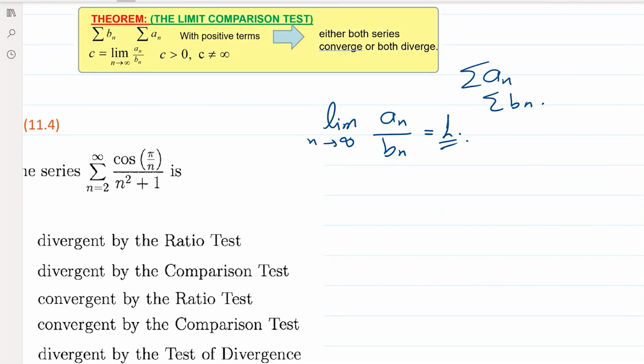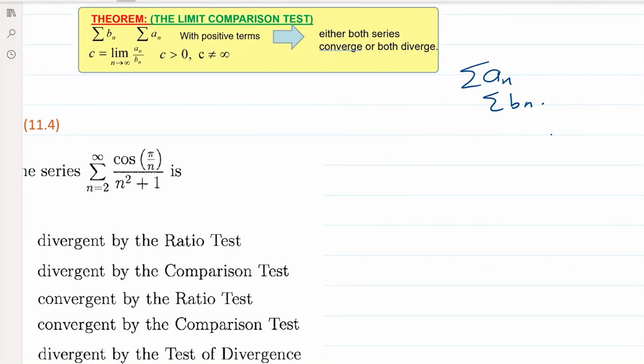Okay, just any constant, 1, 2, -2, -3, whatever, but not 0, not infinity. Then this means both converge or both diverge, because the relation between them is just constant and the relation between them will be linear.